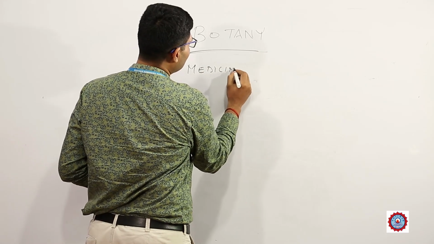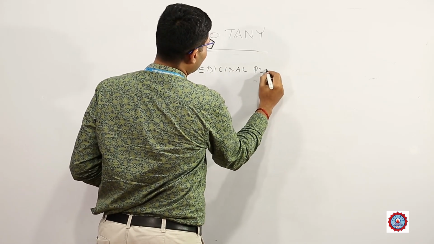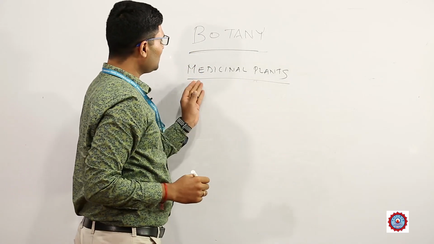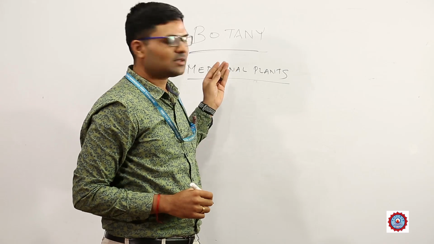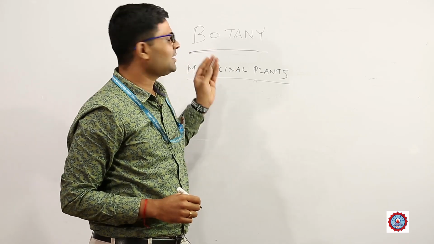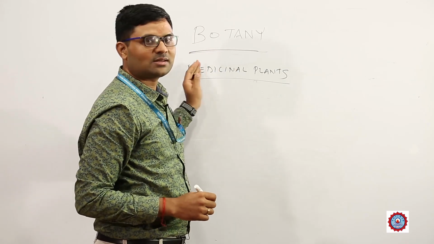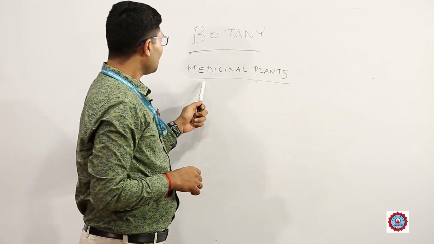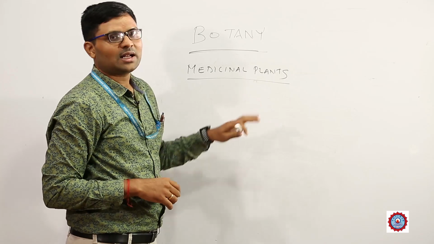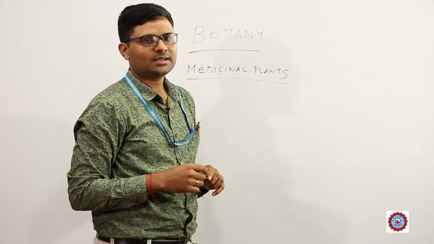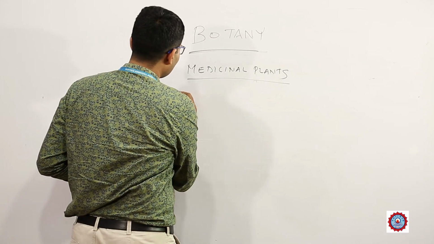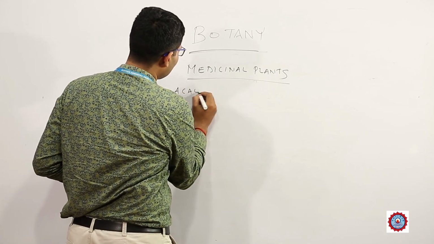So medicinal plants, this term has been echoing in our ears for more than 100 years or so, right. Everybody will say medicinal plants, right. So there are some medicinal plants pertaining to India, like Acalypha indica, right.